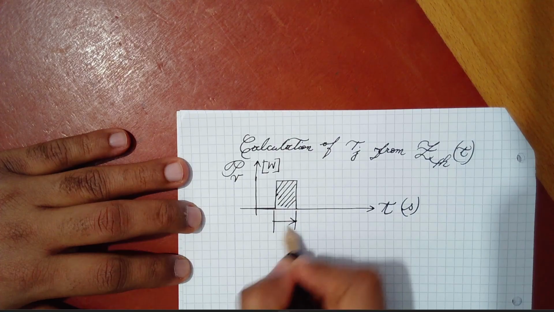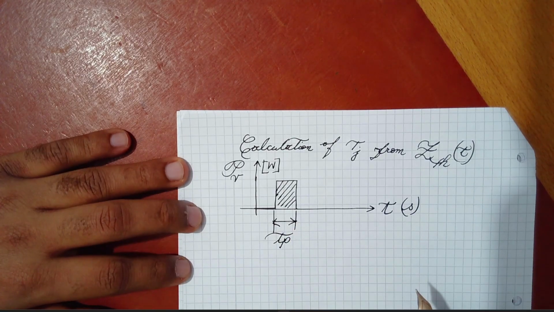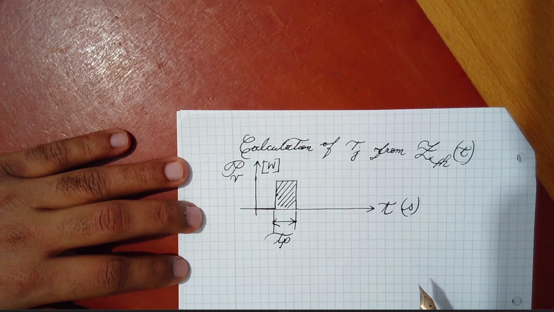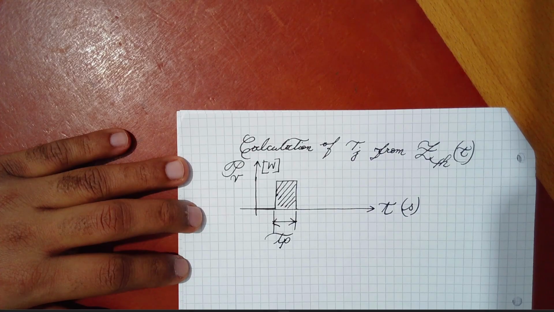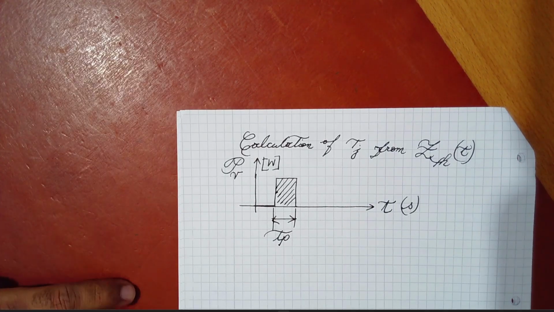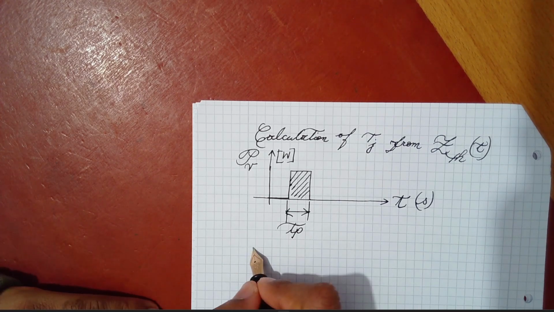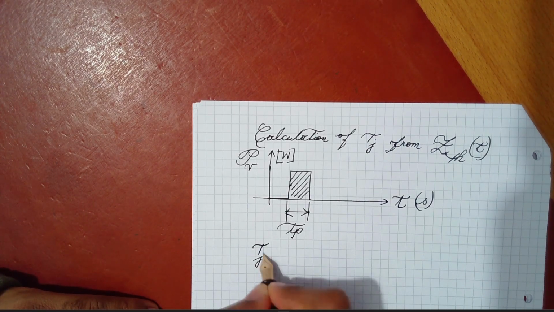Now we would represent the width of the pulse to be Tp. If this is the case, we can calculate the transient thermal impedance from the graph, as I showed you shortly. But before that, to calculate the junction temperature, say for example, we have Tj.